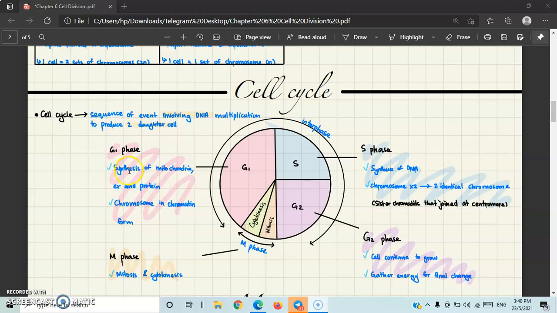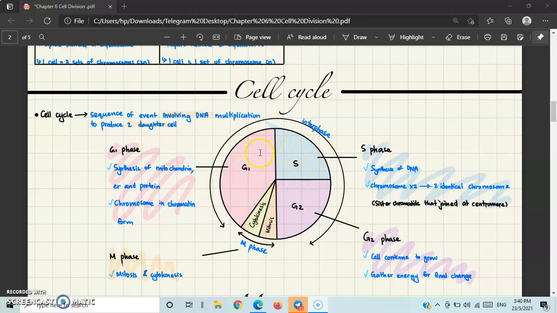I repeat, synthesis of mitochondria, endoplasmic reticulum, and protein occur here. And then the chromosome is in chromatin form. What is chromatin? Chromatin means a thread-like form.